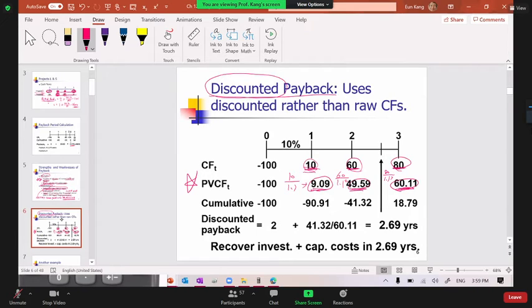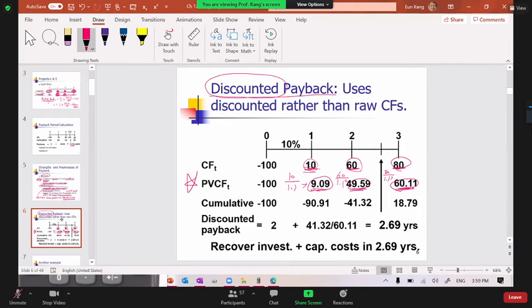So without the name discounted, when we say payback, that means what? Simple payback. I don't say simple payback, right? Just payback period. Payback period is just the simple payback period. But if it is the discounted payback period, then I have to mention it in the exam or quizzes. I have to say, what is the discounted payback?